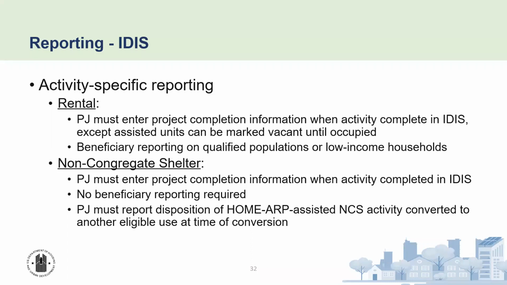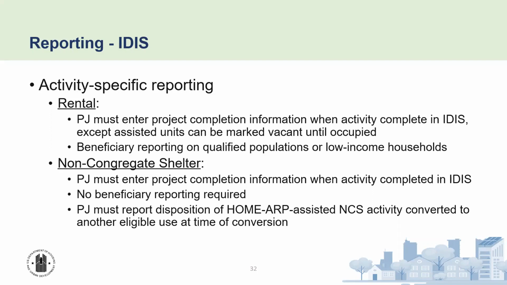The information reported for HOME-ARP rental activities is exactly the same as the information reported for regular HOME rental activities, with one significant exception. PJs will be required to report on the qualifying population of the initial occupant of a HOME-ARP assisted rental unit. If the unit is occupied by a household that is a member of a qualifying population, the PJ does not need to report on the income range of the occupant household.